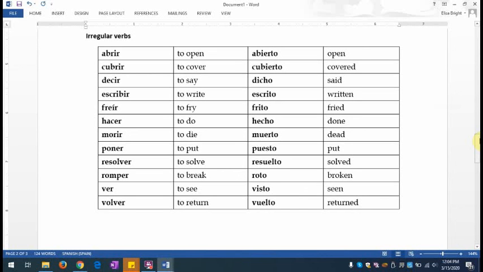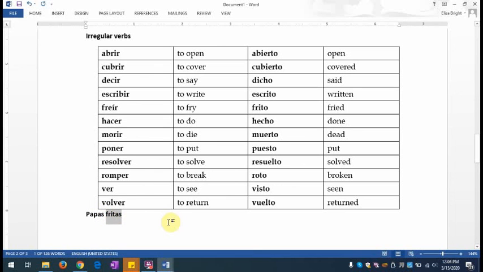Freír, frito. And that's the one I'm going to use to tell you guys that sometimes past participles are used as adjectives. So if I want to say like French fries, I say fried potatoes. Papas fritas.